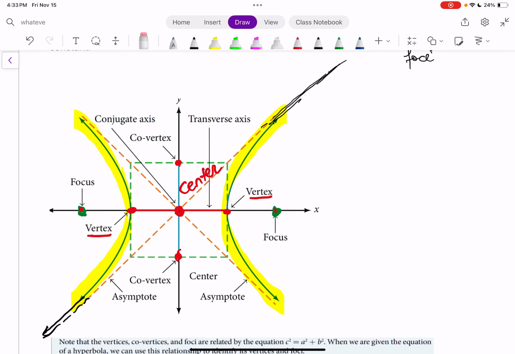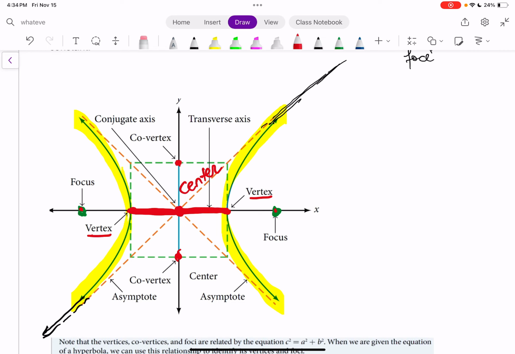Okay. So, what else? In an ellipse, we had a major axis and a minor axis. Here we have what's called a transverse axis. That's the line between the vertices. So it's the axis that has the center, vertex, and focus. We call that the major axis in an ellipse.